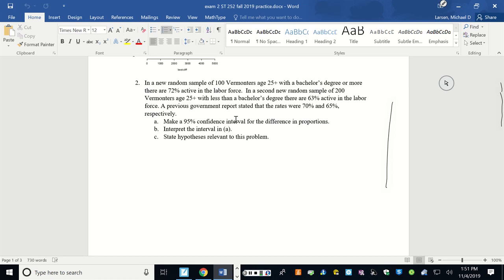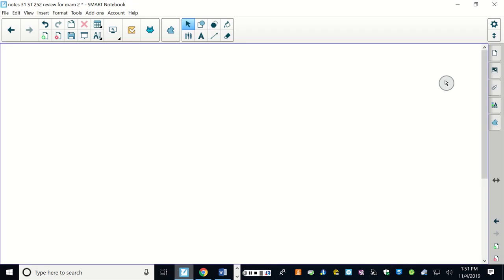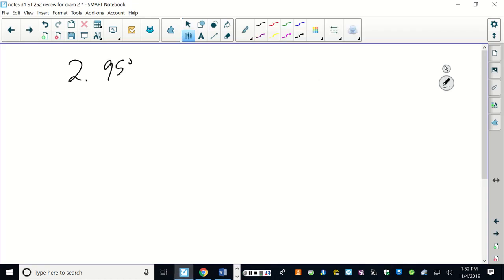So we're going to do the 95% confidence interval here. Number 2, a 95% confidence interval for the difference of proportions. We're going to take p1 hat minus p2 hat, plus or minus a normal value, and it says 95%.